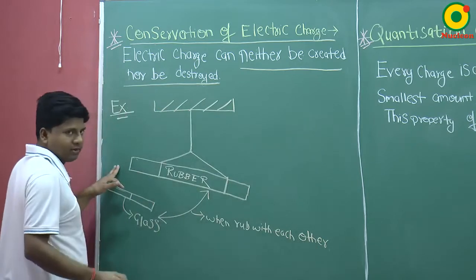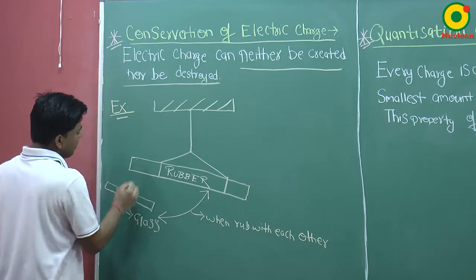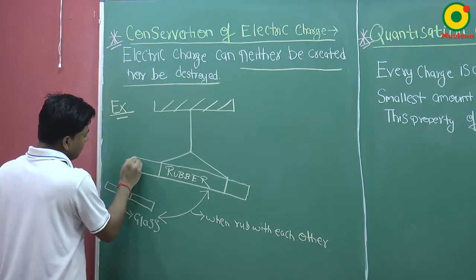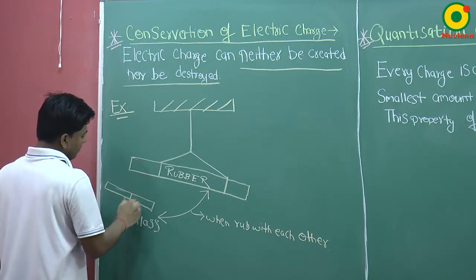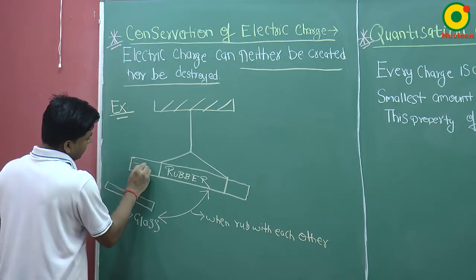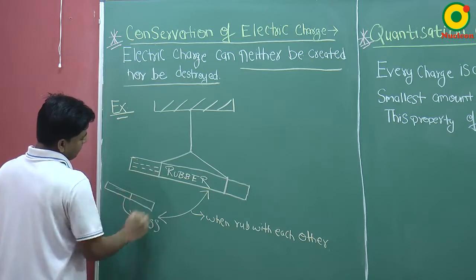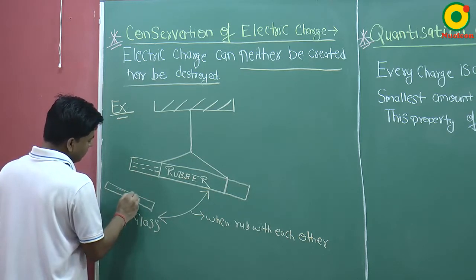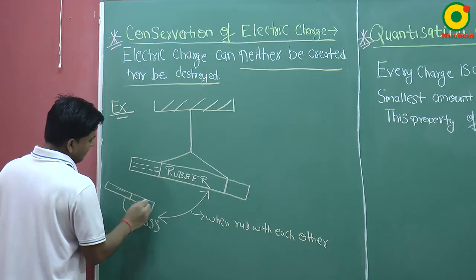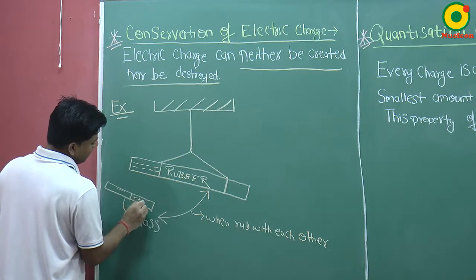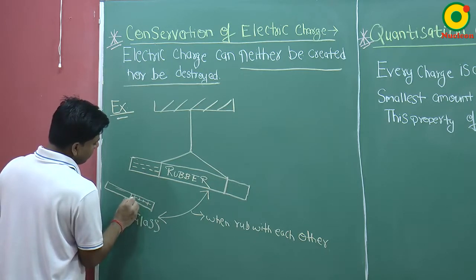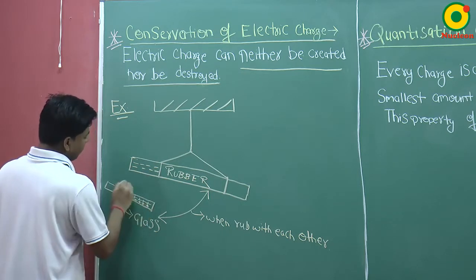One of the bodies, which is rubber, which is electron deficient, will try to gain electrons, okay, and thus become negatively charged. Whereas the body made up of glass has an excess of electrons, and thus it will donate the electrons to the electron deficient body.